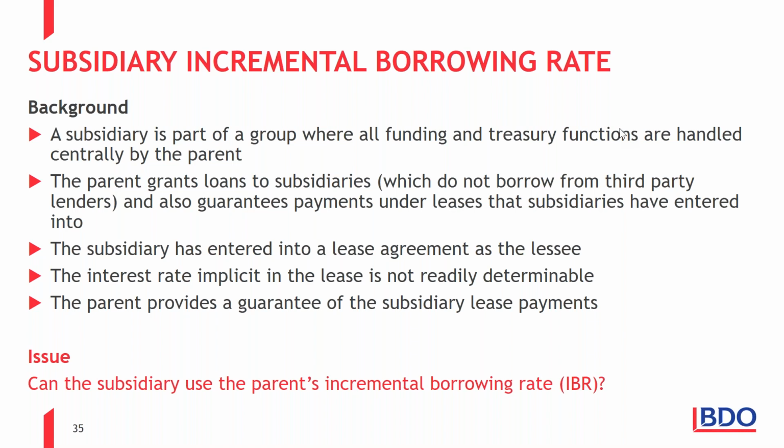So BBSW in Australia, LIBOR in the UK, and other examples around the world. Find the base rate for that subsidiary, find the base rate for that country, and then create a margin. And once again, it might be for an individual lease, or it might be for a portfolio of leases of a similar nature.